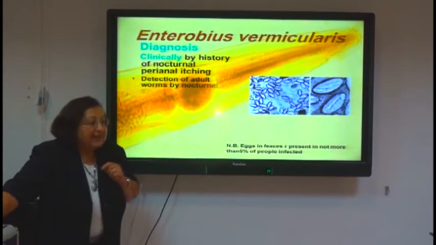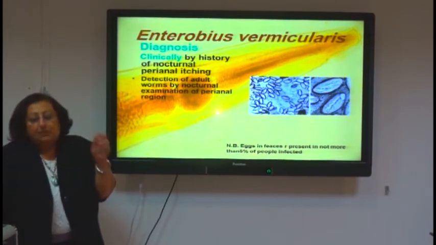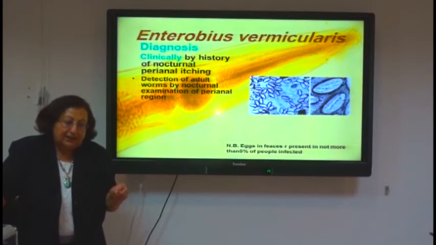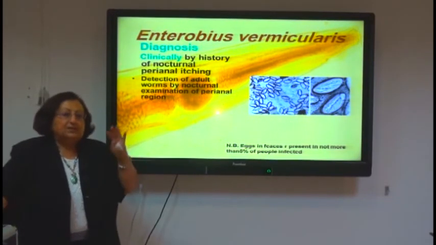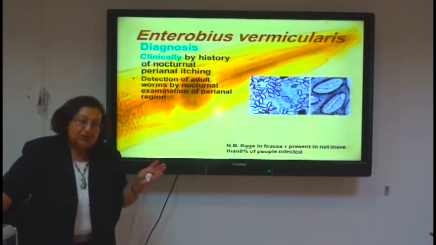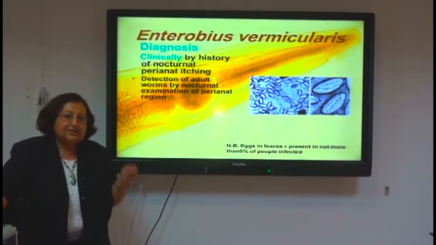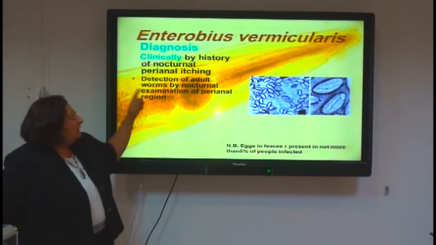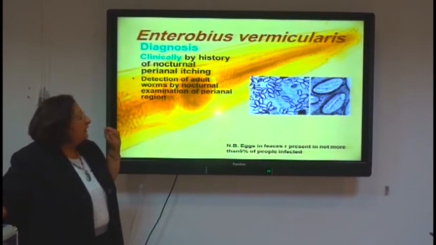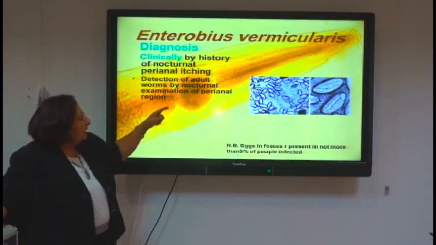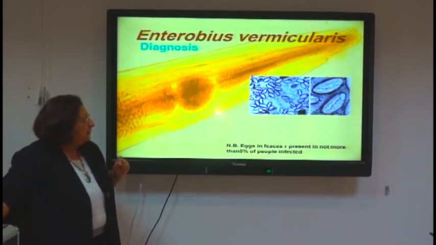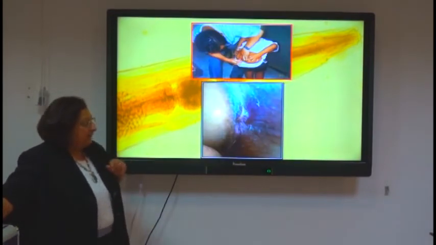To diagnose this case, if a mother says that her child has perianal itching and restlessness at night, without any other manifestations, we can easily diagnose the presence of Enterobiasis vermicularis or pinworm in this child. So clinically, by history of nocturnal perianal itching, and we can detect adult worms by nocturnal examination of the area, as we have seen here.